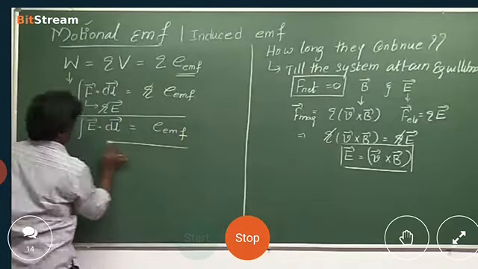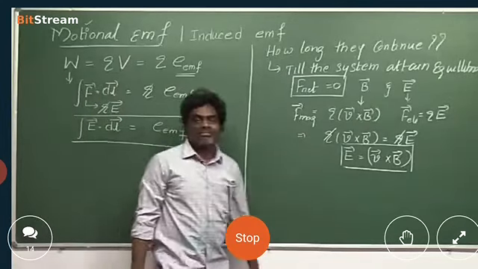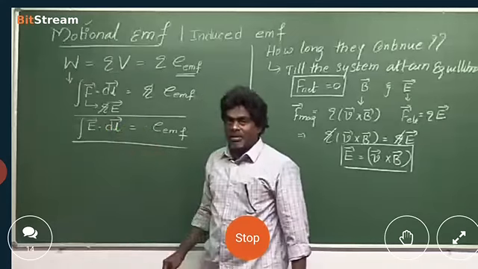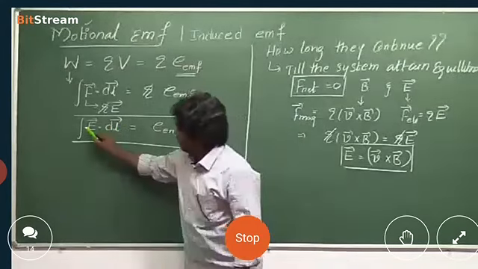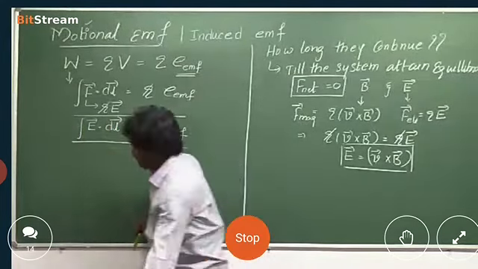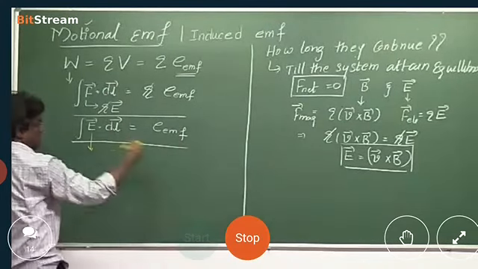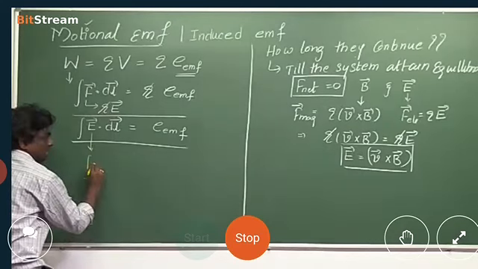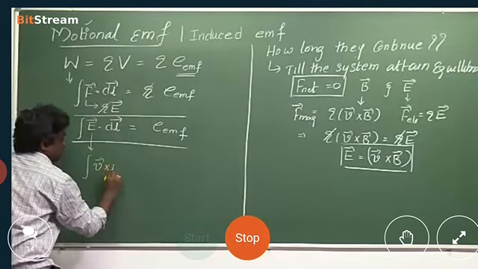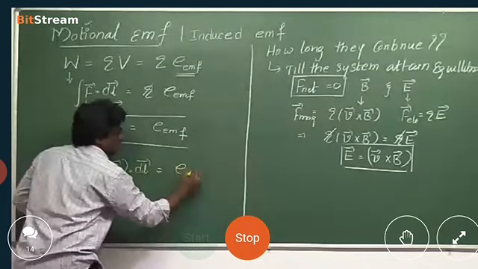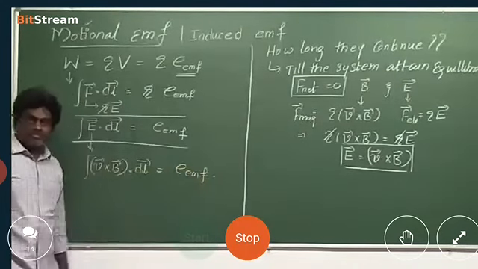You know, this is your Faraday's law, Maxwell's equation. Induced EMF is equal to integral E bar dot dl bar. If it is a closed loop, then you will get a closed integral here. Now we already got E bar. Just take it and substitute. Integral V bar cross B bar dot dl bar is equal to EMF.